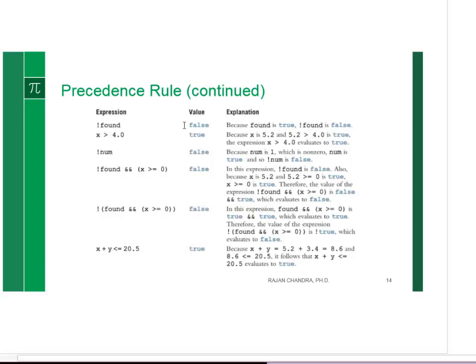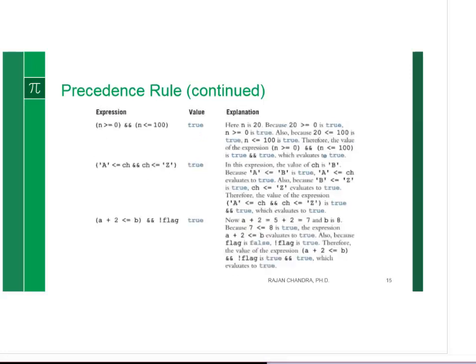And over here, not found and x is greater than 0: not found is false. Also, when x is 5.2, 5.2 is bigger than or equal to 0 is true. Therefore, x is bigger than or equal to 0 is true. So finally, the expression is false because one of them is false.